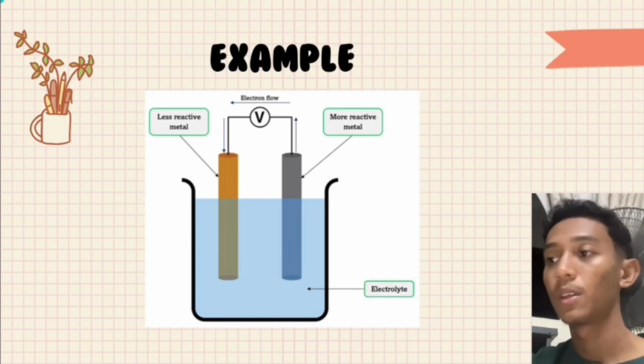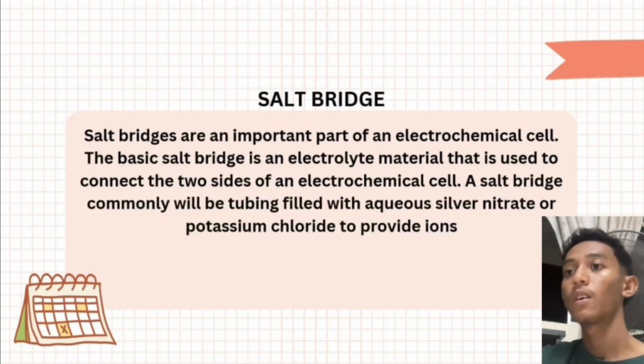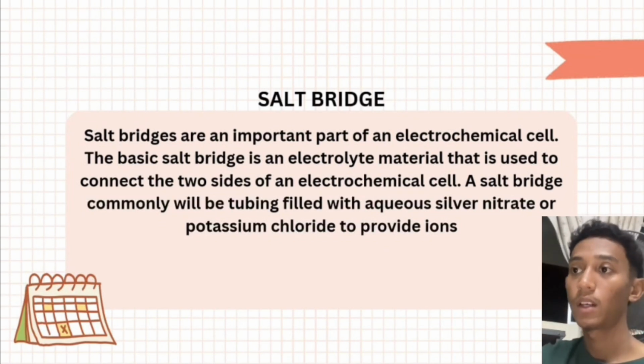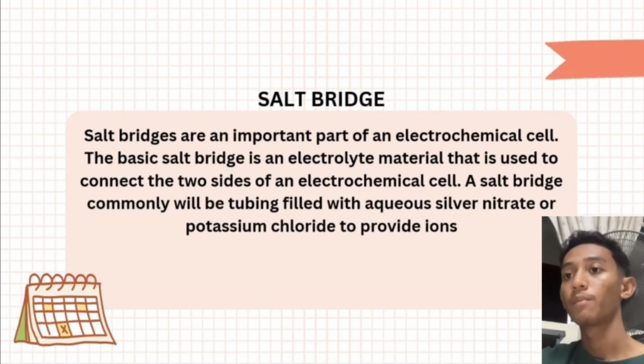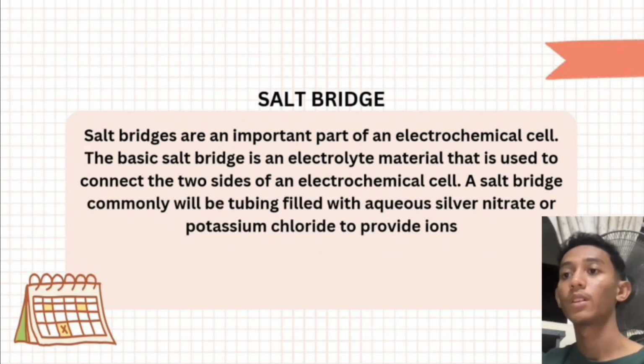For a simple chemical cell, this is an important part of an electrochemical cell. The salt bridge is an electrolyte material that is used to connect the two sides of an electrochemical cell.